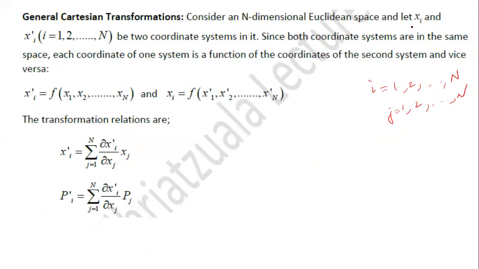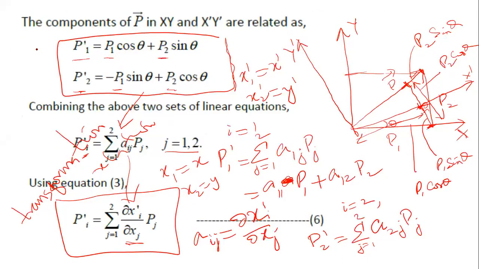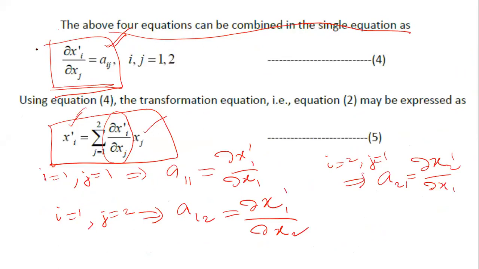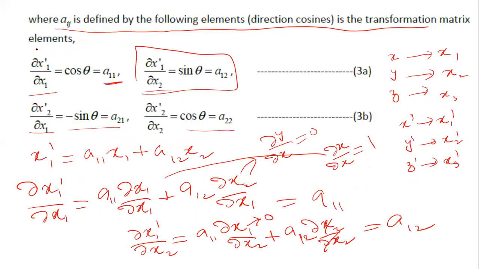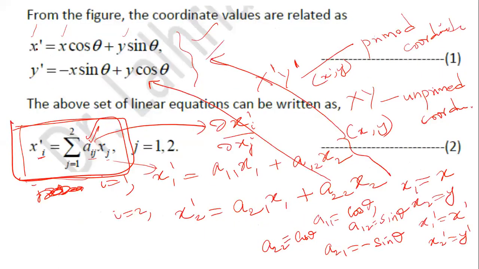So if xi and xi prime are the coordinate values in this n-dimensional space, from the transformation relation we can express it like this. Here let me go back, I think this will clarify.